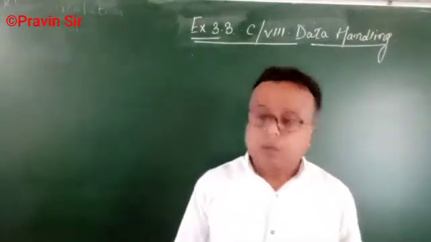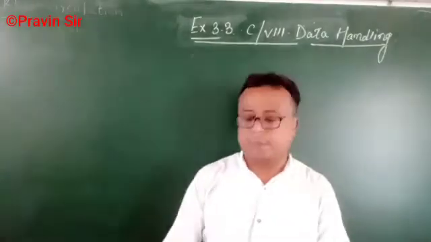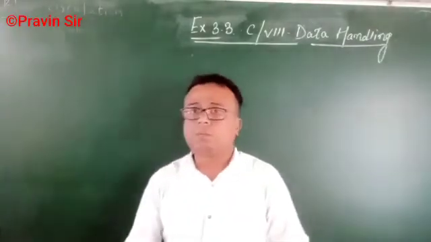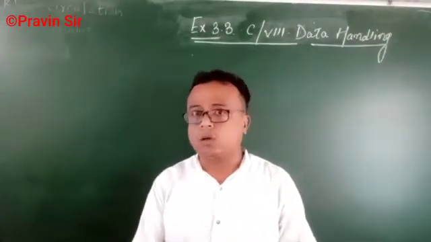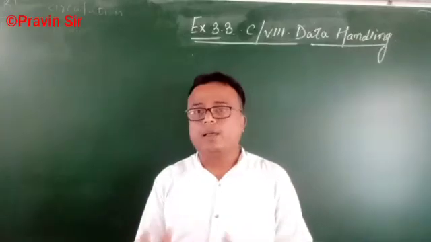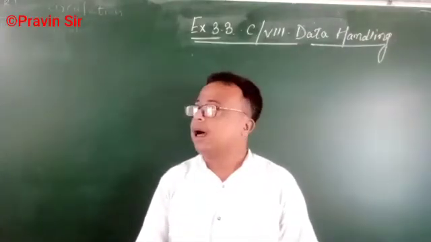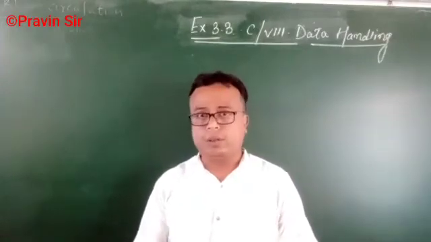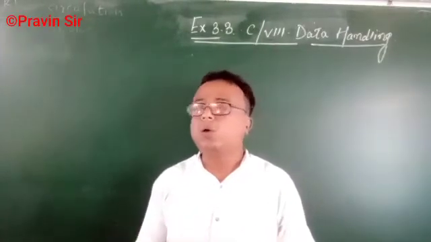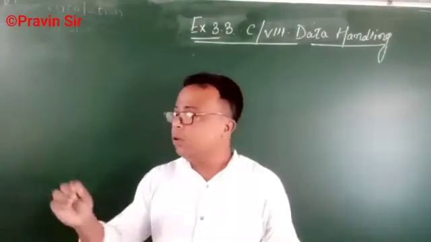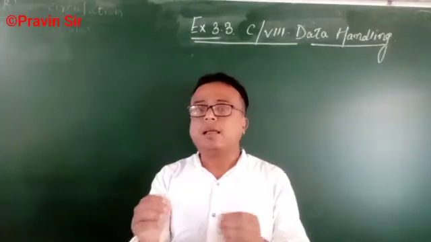First of all, we shall try to understand the meaning of data. Suppose I have given you some assignment, some project work: go and collect how many males and females are there in our colony. In that case, you will go to the individual houses and collect the information.